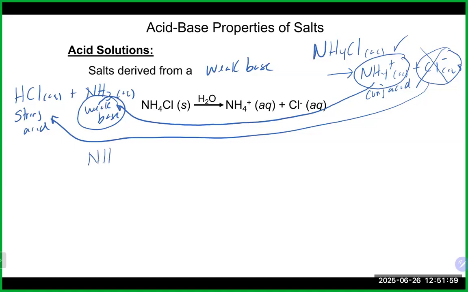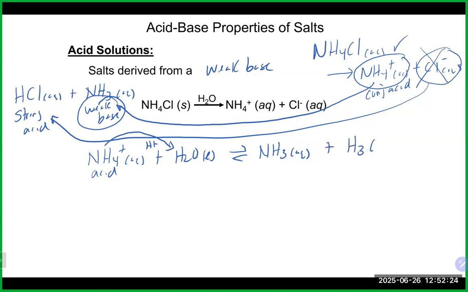The NH4 plus will react with water as an acid, which means it is actually the one that's going to send the H plus over to the water. The result of that is we will then produce where it came from. As I mentioned before, you will always produce where it came from, which is NH3. And when that water gains that H plus, a little H3O plus.